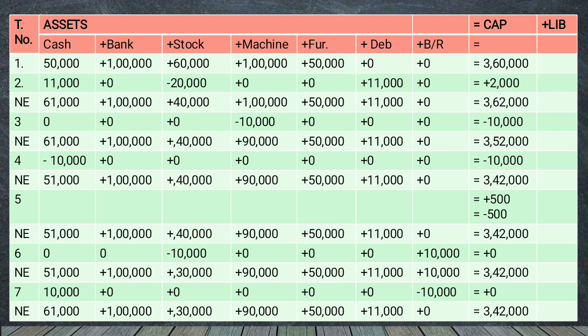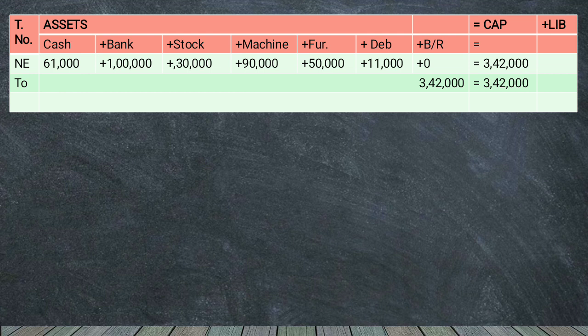Okay, so once you complete the questions, at the end we have to find the sum, because we need to prove the accounting equation, that assets are equal to capital plus liabilities. So here the sum of the asset side: cash 61,000, bank 1 lakh, stock 30,000, machinery 90,000, furniture 50,000, debtors 11,000 and the bills receivable amount is 0.